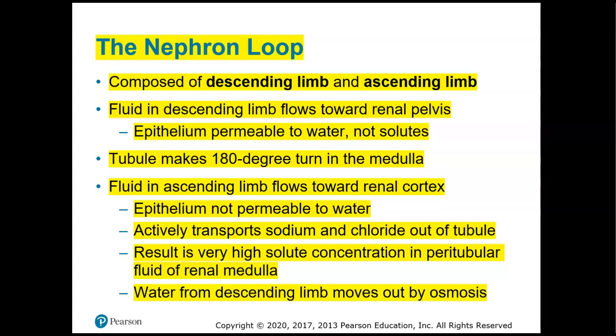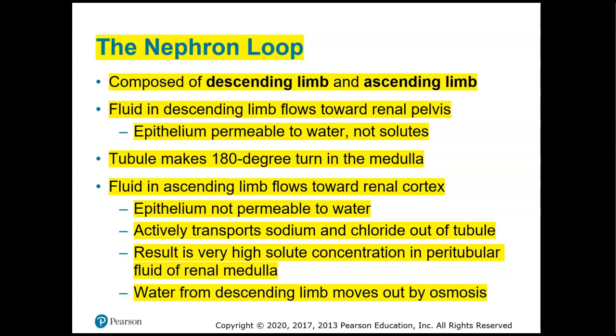You really need to just remember that the function of the nephron loop is to concentrate the urine. What does that mean? It means make it more concentrated and less dilute, less watery.